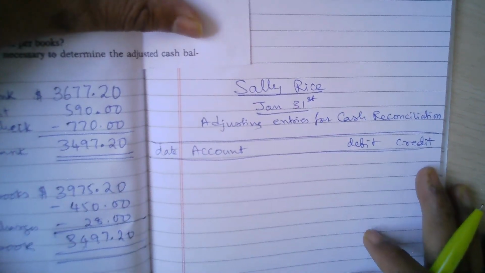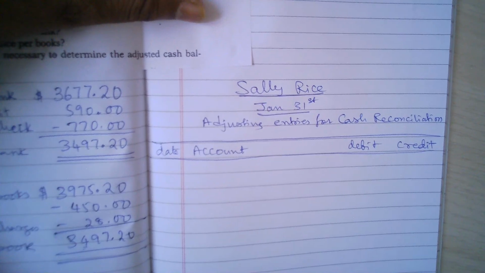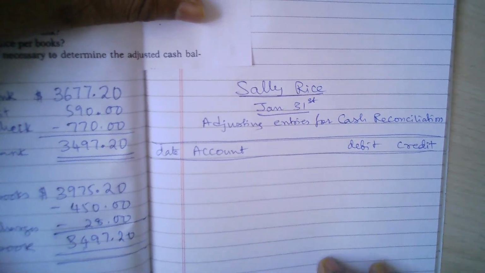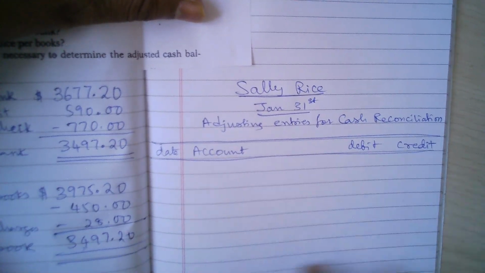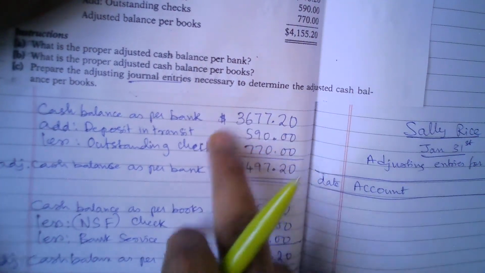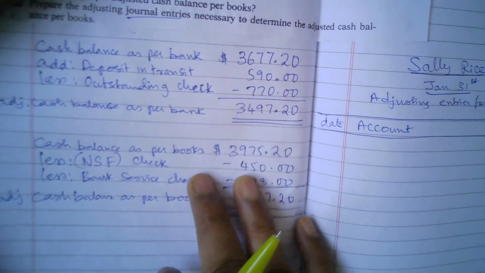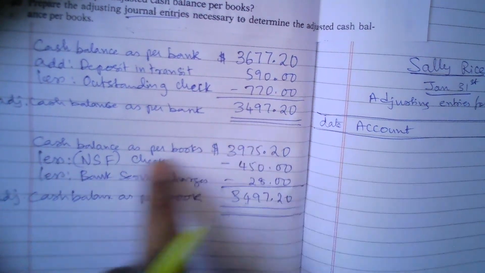Again, if you refer to my playlist on the accounting cycle, you will find a detailed explanation on how to do the journal entries. This part we don't worry about, because this is the bank's headache, so we don't care about that. Now coming to the company, the first one anyway is the opening balance.